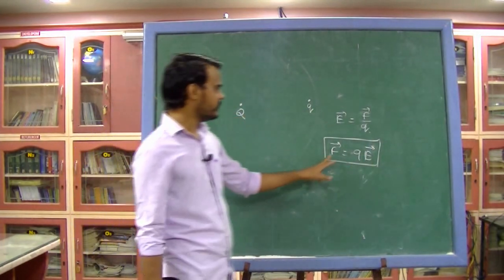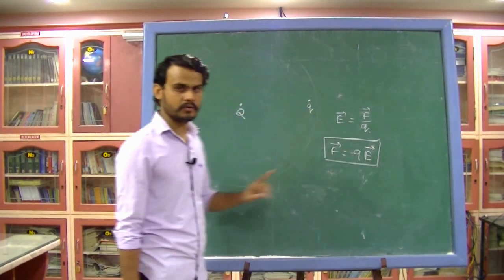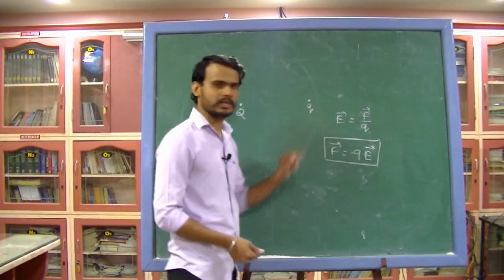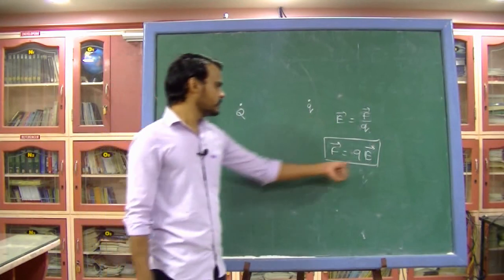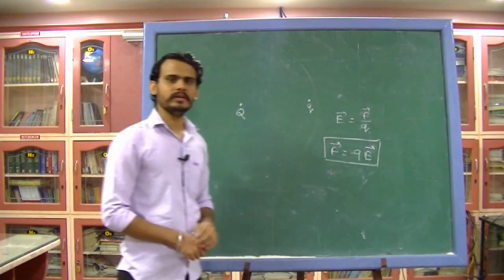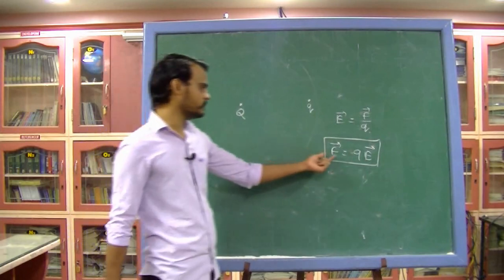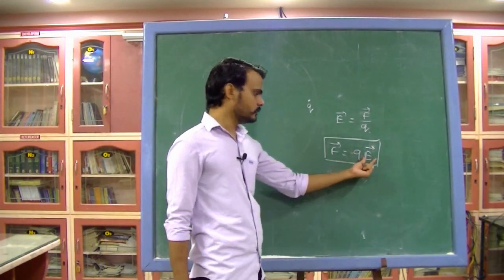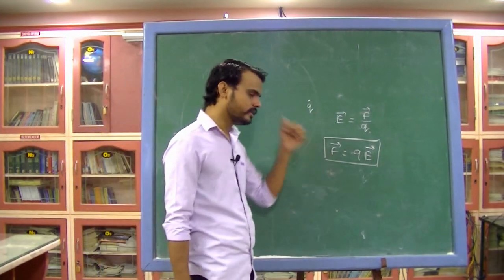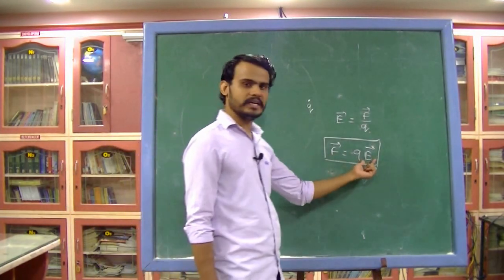So, when you are writing the force on a charge, you do not write the electric field produced by the charge itself, you write the electric field due to other charges. So, electric force is charge into the electric field produced by the other charges. This is the very simple formula for electric force when you know the electric field.